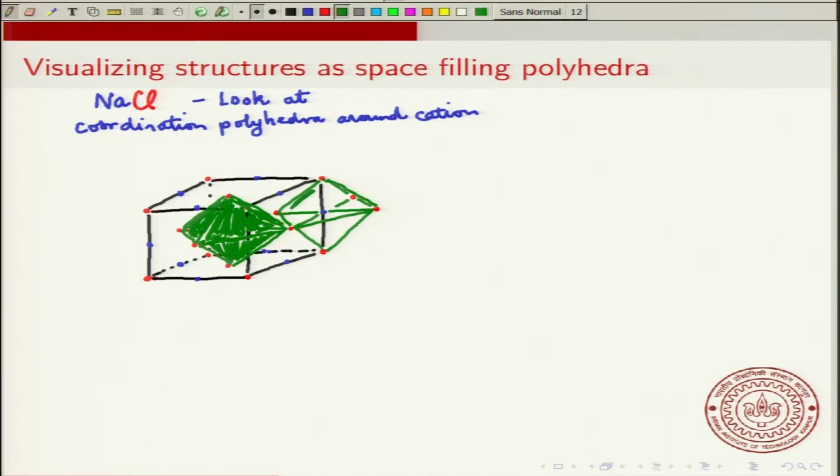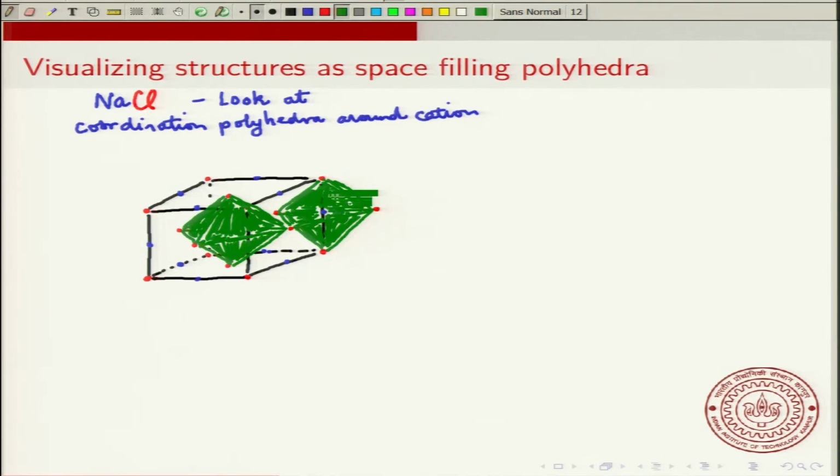And again, if I shade it, you can see this coordination octahedron.